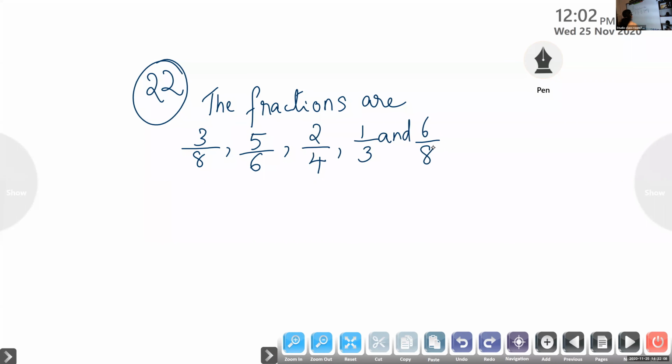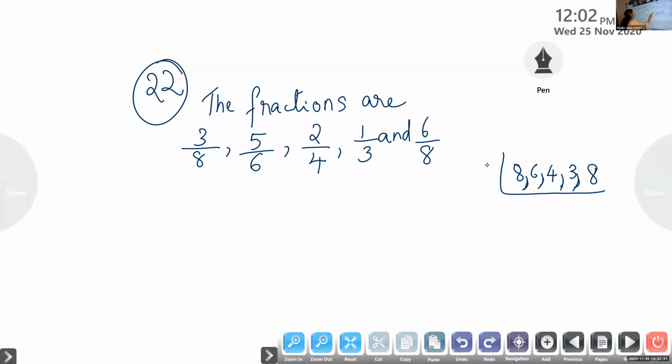They are different. So what are we going to do? We are going to find the LCM. 8, 6, 4, 3, 8. So we will start with 2. Children, don't forget to put the comma here. All are 5 different numbers.